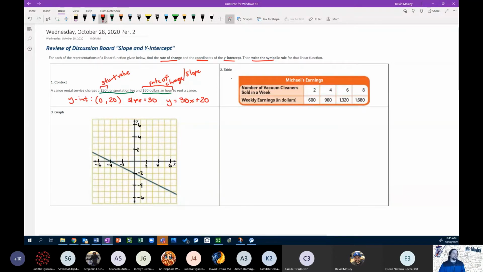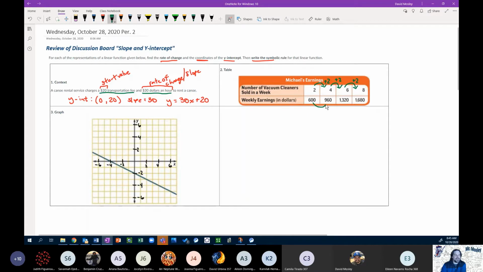Okay. Number 2, we've got a table here. And again, we're looking for rate of change and y-intercept. Rate of change is going to be easier to find on this one because I have essentially a series of points. I have a change of +2 for essentially what's our x variable.